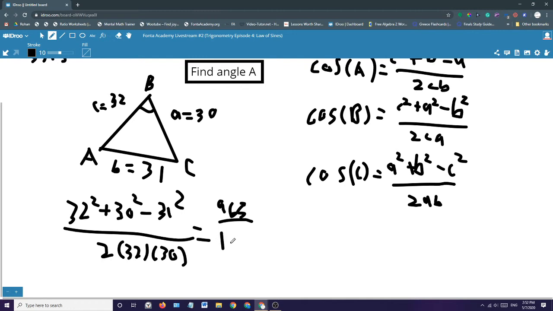That is 1920. And then let's further simplify this, 963 over 1920, which would give us a total of 321 over 640.